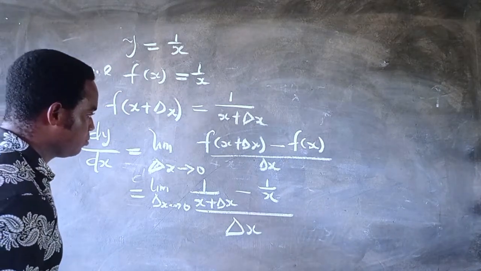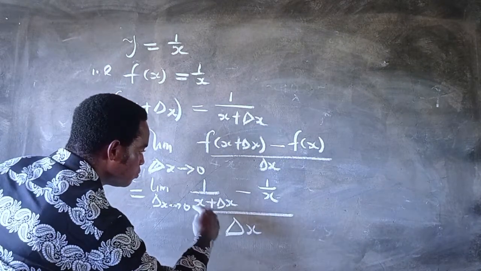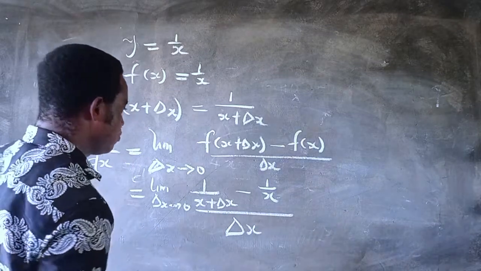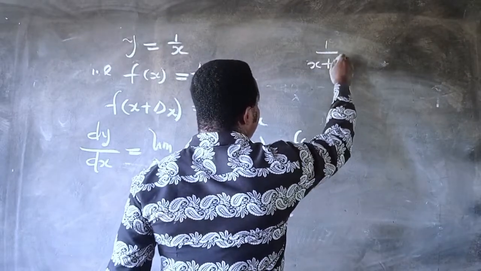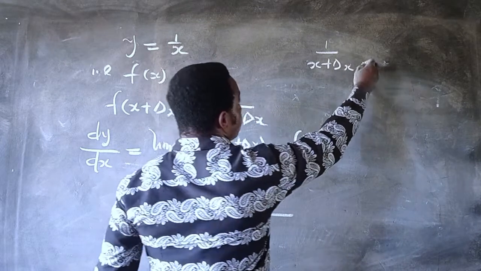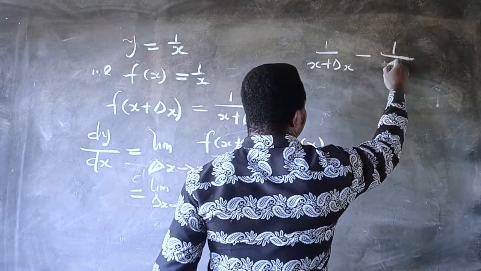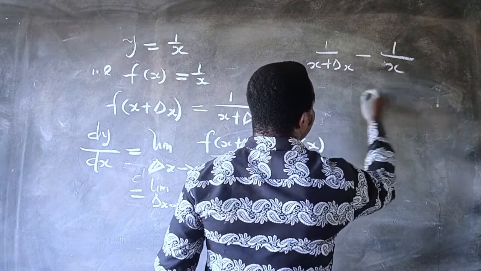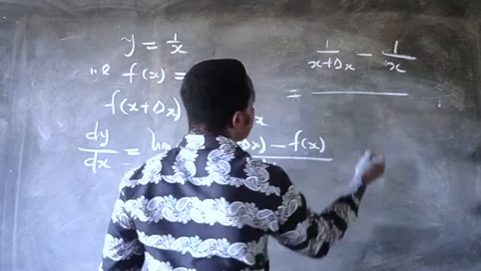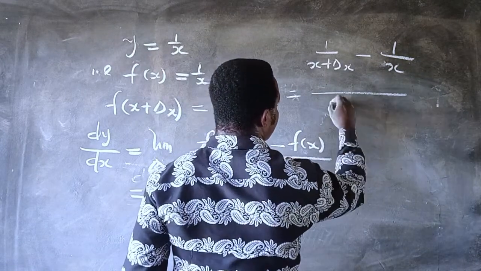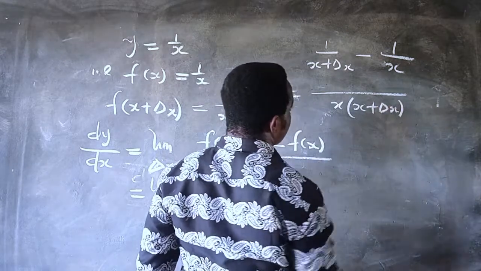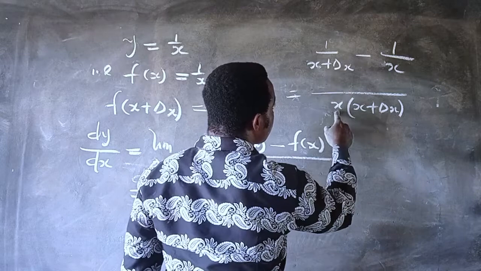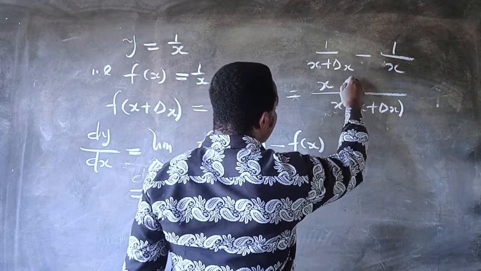Up here we have a fraction, so it's advisable we simplify that first, then bring it back into the expression. We'll find the LCM, which is x into x plus delta x, and if we do the fraction, this is what we have.